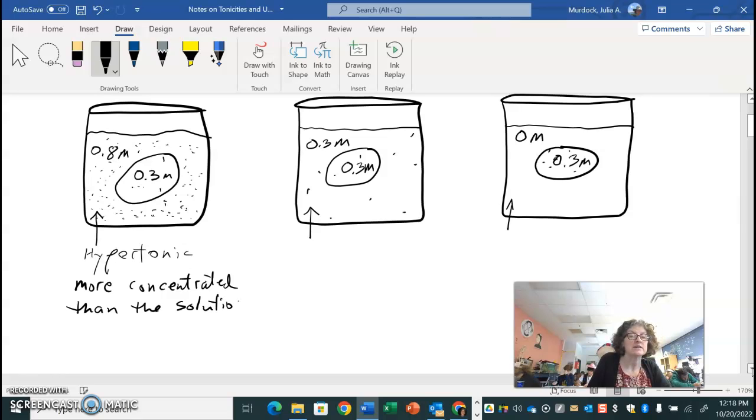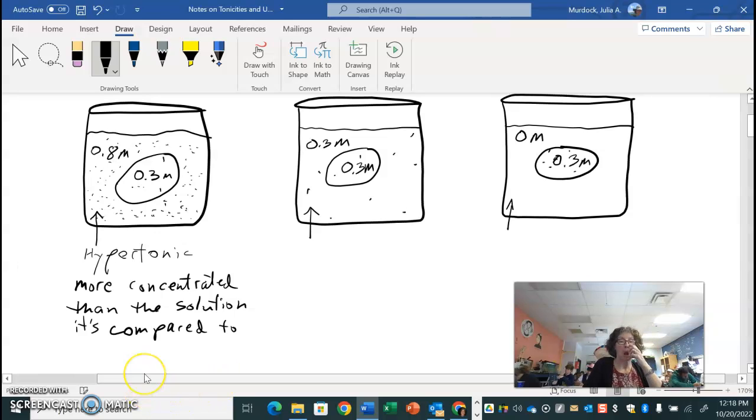In this case, the solution inside the cell. Right? So hyper, that should make sense to you. Hyper means more. Okay. More salt out here, less salt in there.